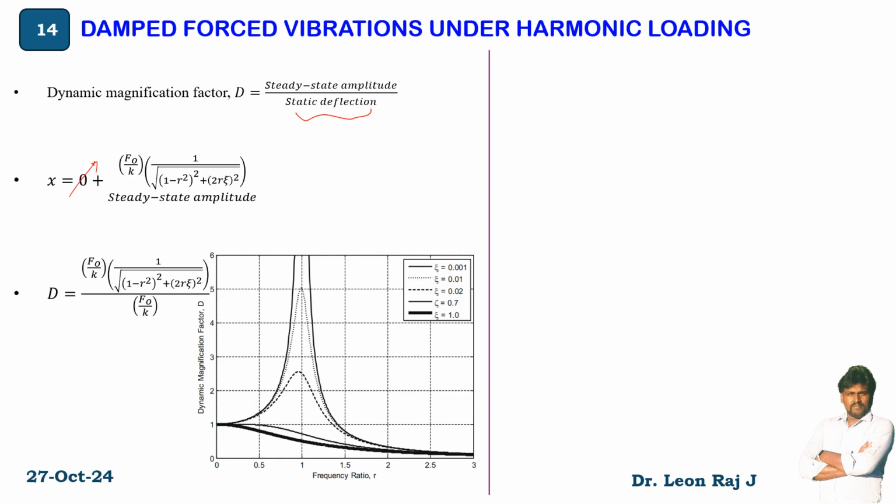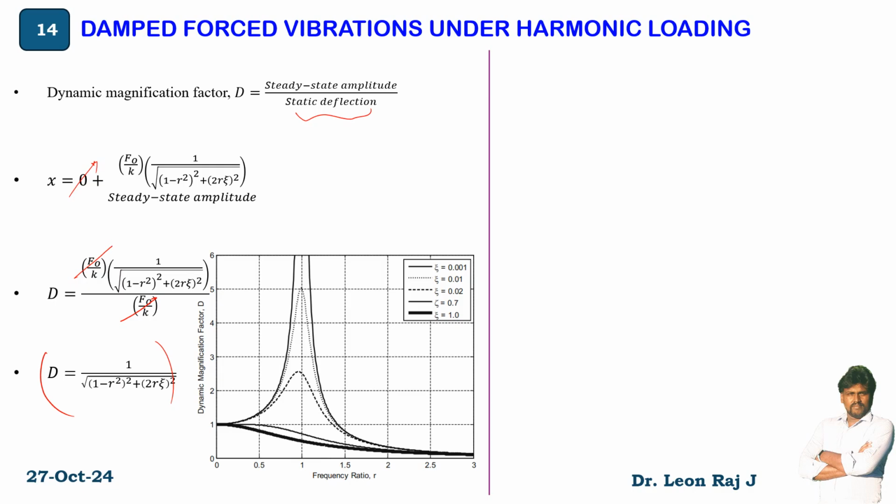So your dynamic magnification factor D equals f0 by k into 1 divided by square root of (1 minus r square) whole square plus (2r psi) whole square, divided by f0 by k. So this term and this term get cancelled, and your dynamic magnification factor is equal to 1 divided by square root of (1 minus r square) plus (2r psi) the whole square.